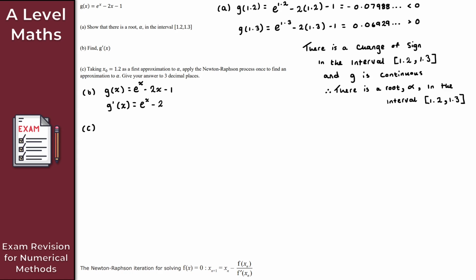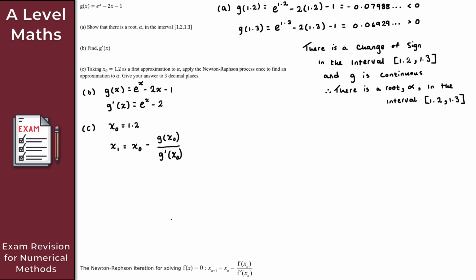So this is taken directly from your formula book. To begin with for part C, let's just note that x naught is equal to 1.2. If we want x1, by the Newton-Raphson process where g of x is equal to 0, because we have the function g here, then x1 is equal to x naught minus g of x naught all over g prime of x naught.